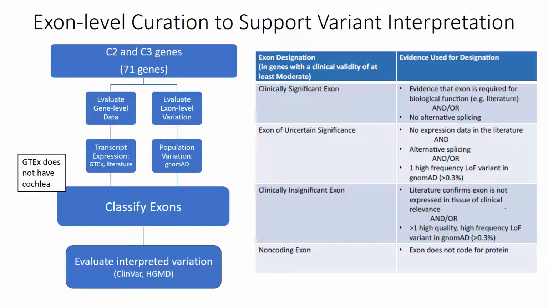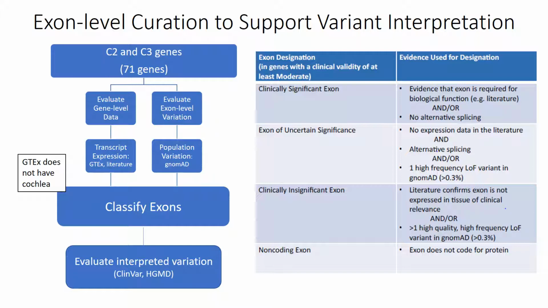We used both sets of information to classify exons into the buckets you see in the table on the right. A clinically significant exon had literature support for its relevance, and/or no predicted alternative splicing in GTEx. An exon of uncertain significance did not have any expression data in the literature and had predicted alternative splicing in GTEx, or one high-frequency loss-of-function variant in gnomAD.